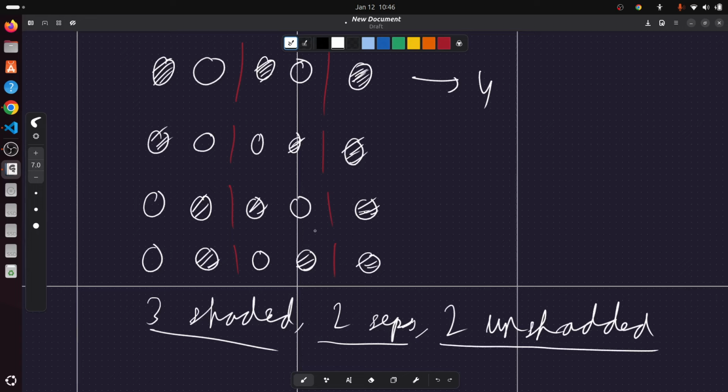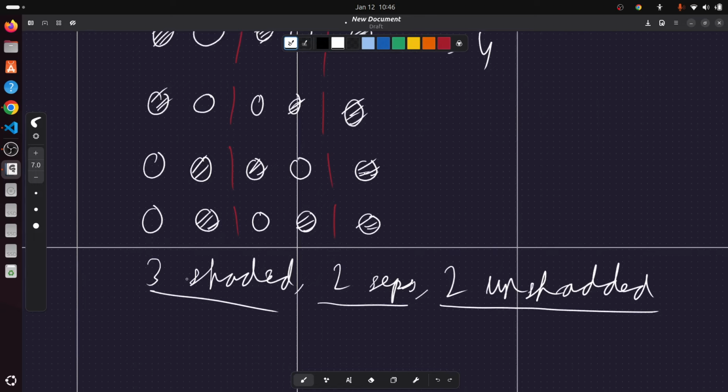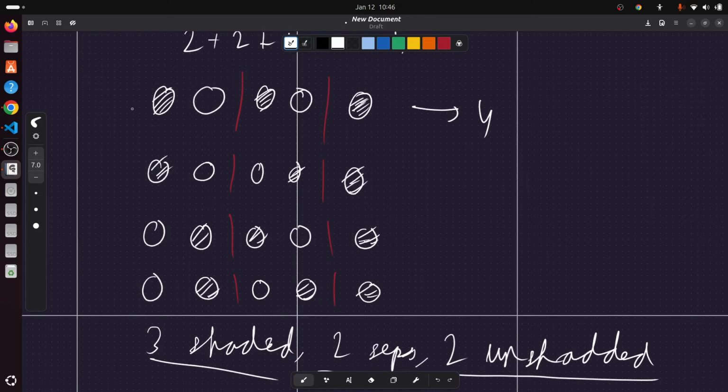Okay, but there is one more thing: in each separation there must be only one shaded ball. There should be one shaded, then separator, then shaded, then separator, and then shaded, because we want to choose one from each box, right? So we have to ensure that there's only one shaded ball in each box.